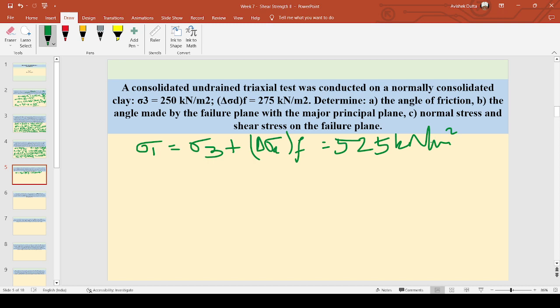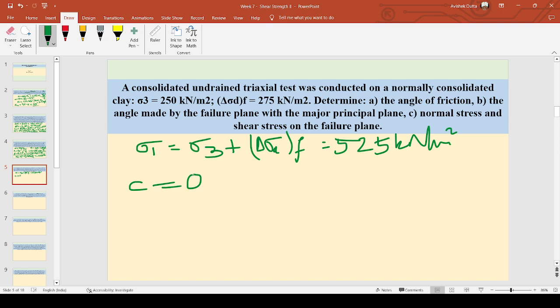Now we have been given an undrained test on normally consolidated clay. For an undrained test, the soil is not allowed to drain after consolidation. For this kind of test on normally consolidated clays, the value of C will be equal to 0 as per the triaxial testing condition.